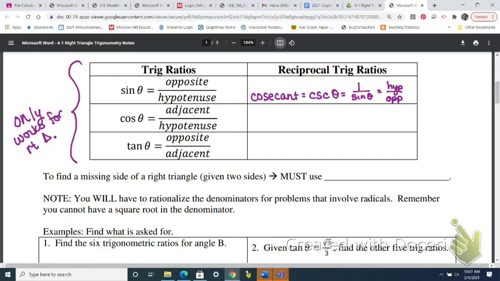Okay, the reciprocal of the cosine is the secant, which is abbreviated SEC, which is 1 over cosine, and is therefore hypotenuse over adjacent.